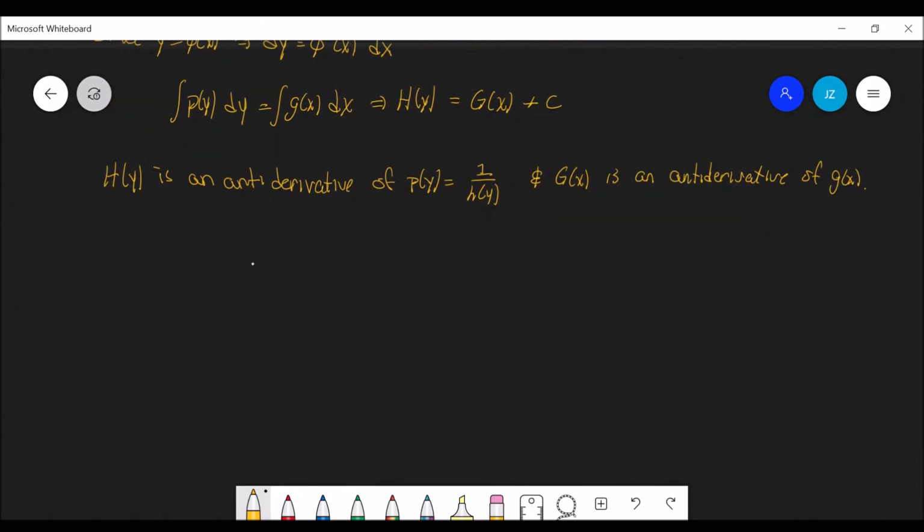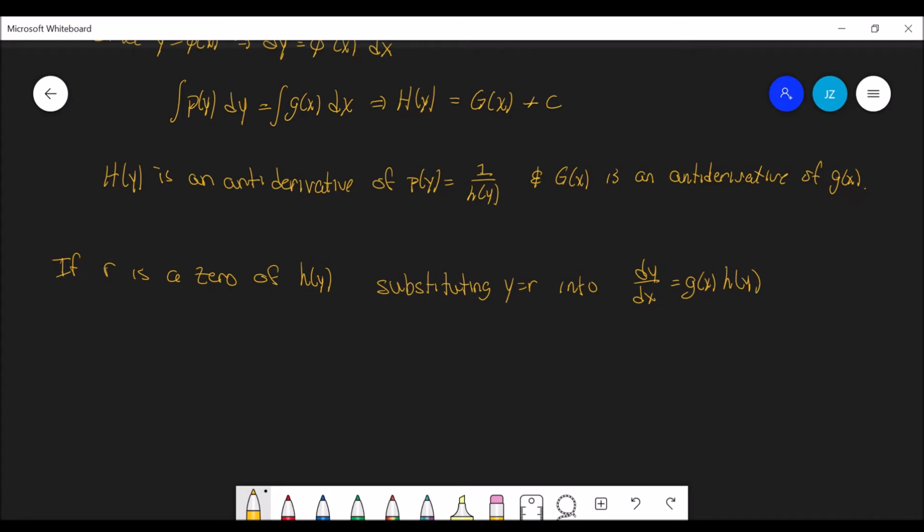Specifically, if r is a zero of the function h of y, then if we substitute y equals r into our differential equation, both sides are 0.